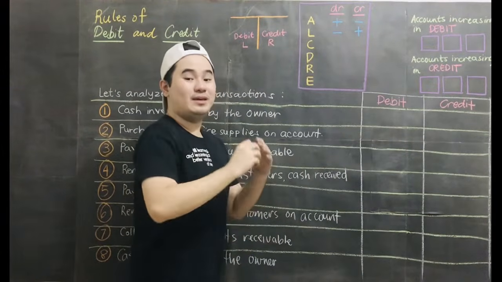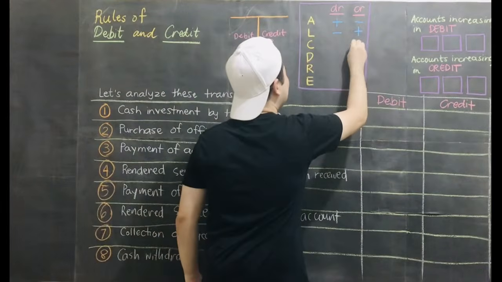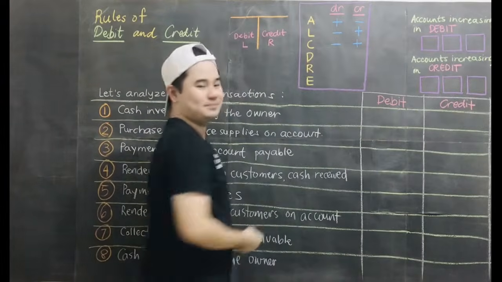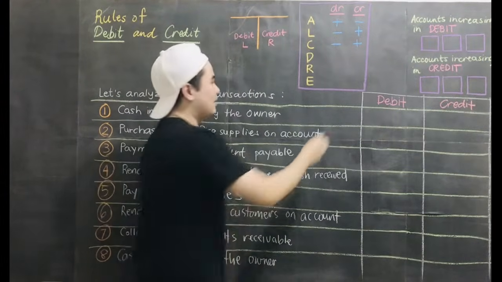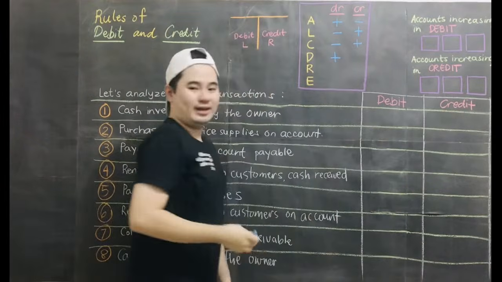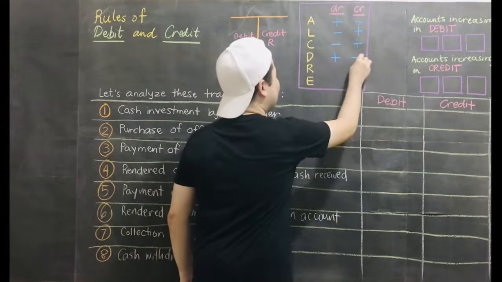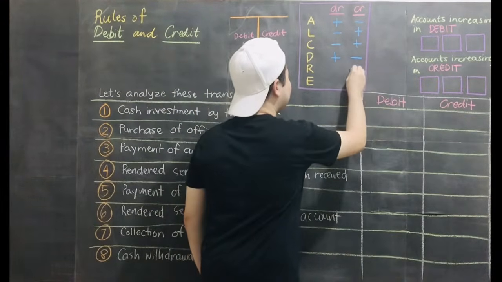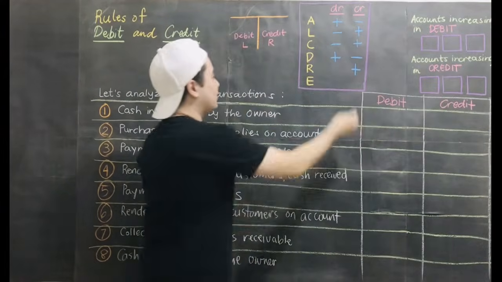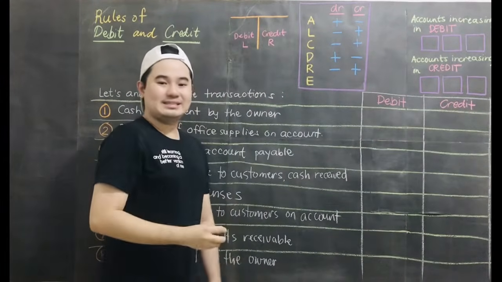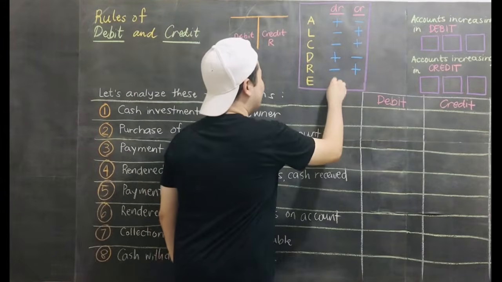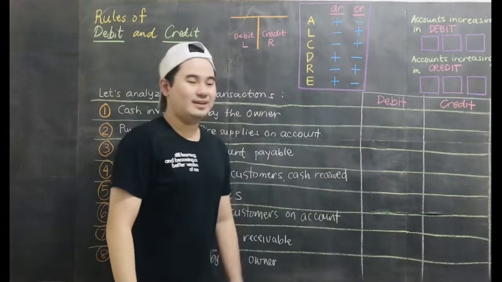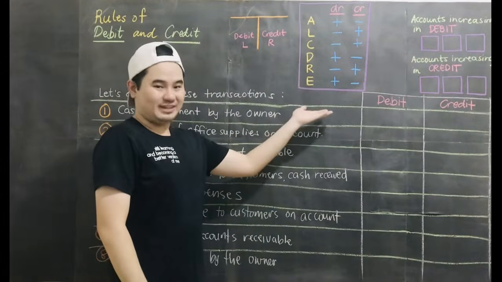Capital is increased in the credit side and decreased in the debit side. Drawing is increased in the debit side and decreased in the credit side. Revenue is increased in the credit side and decreased in the debit side. And lastly, expenses are increased in the debit side and decreased in the credit side. These are the rules of debit and credit.